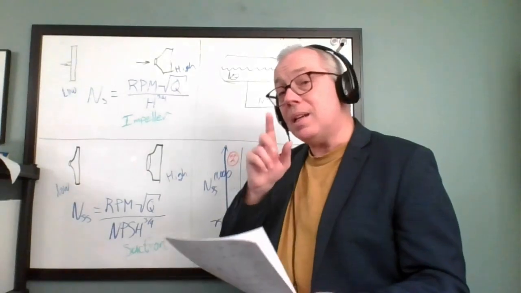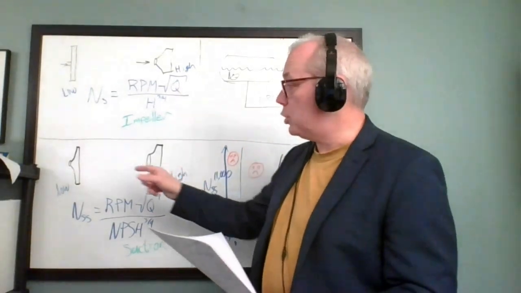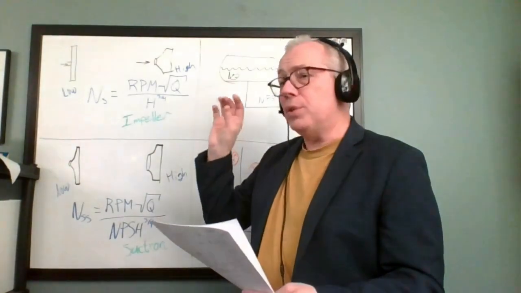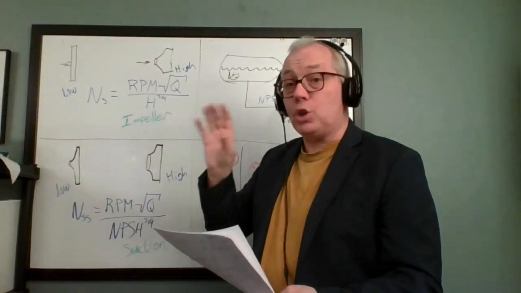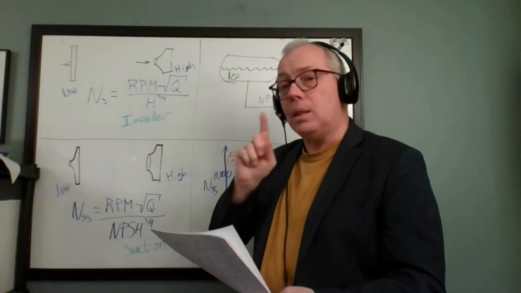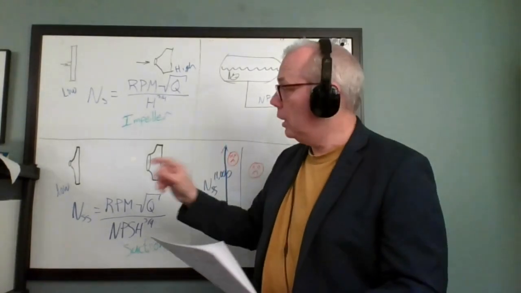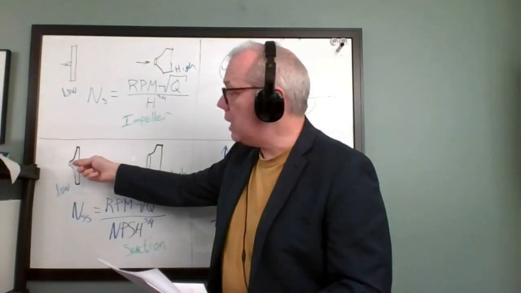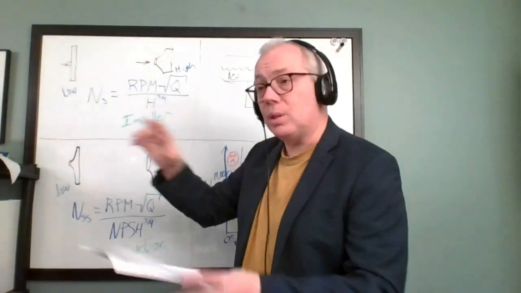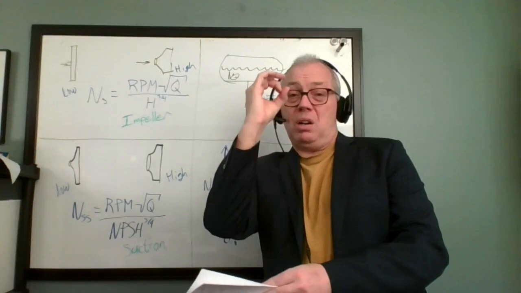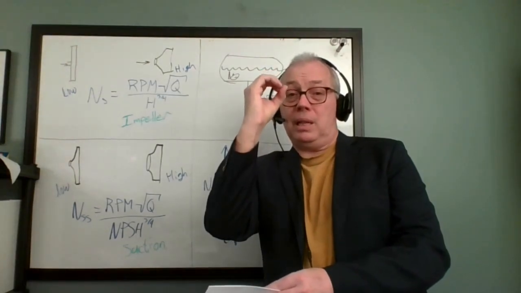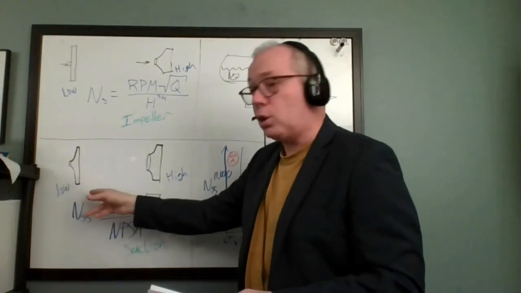The thing that dictates suction specific speed is the diameter of the suction inlet, or the suction eye. If the inlet to the impeller, the suction eye, is pretty narrow, a small diameter inlet, it has a low suction specific speed.